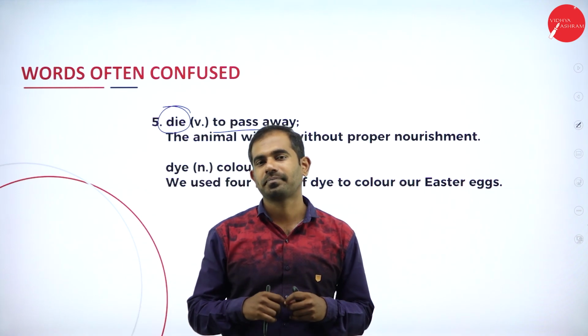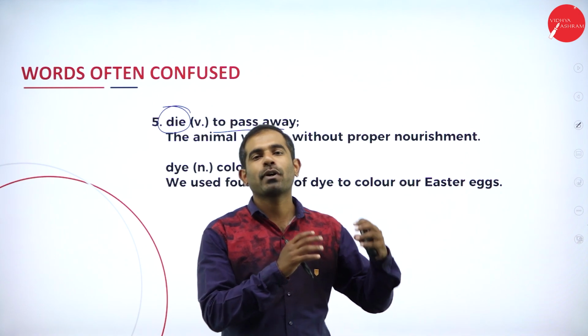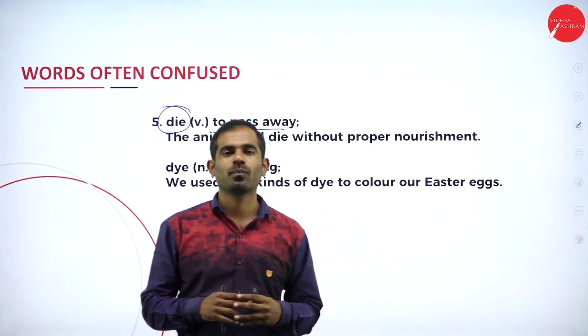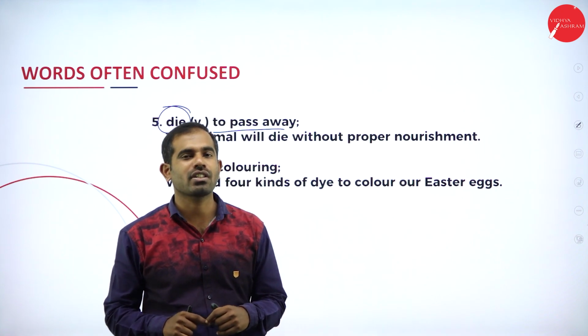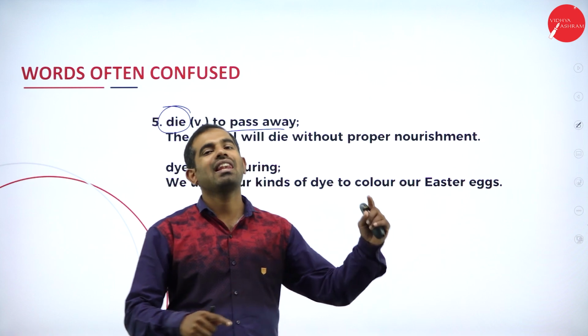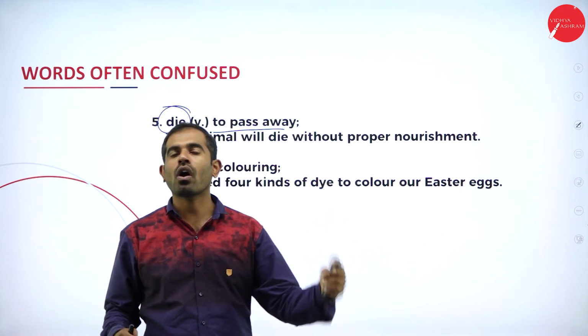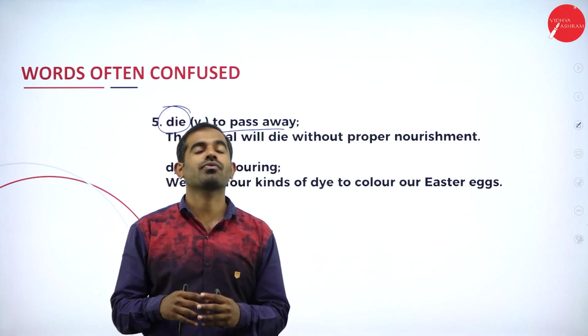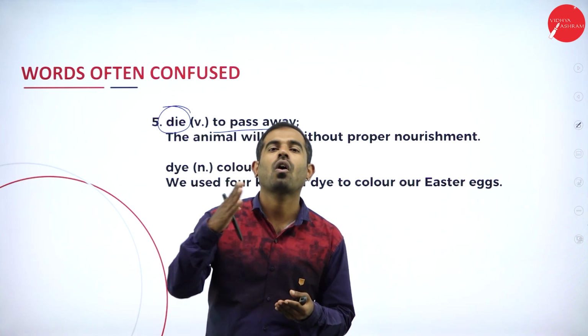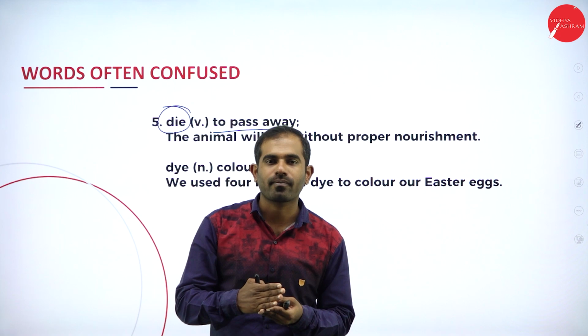What is the mistake? When a person dies, we simply say he is expired. That is a wrong usage. Don't ever use expired with respect to living things, especially human beings, because we are not born with a manufacture or expiry date.